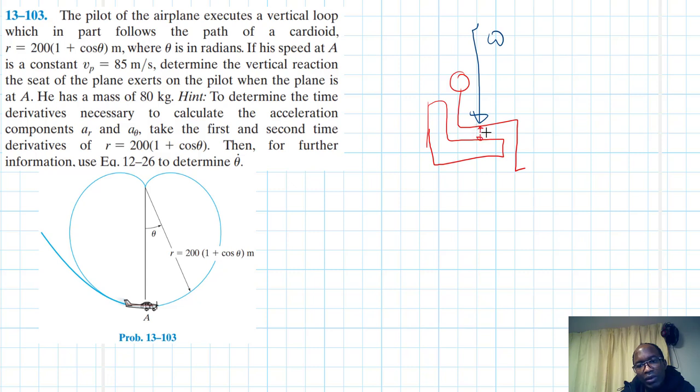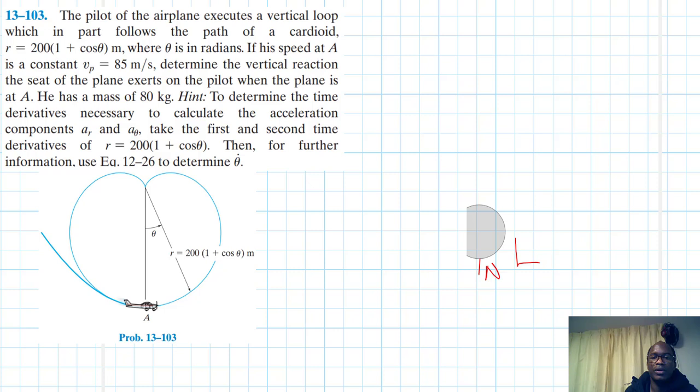Can you see this? So we are looking at the pilot with his weight as well as the normal reaction force from the seat. This is what we want to show.